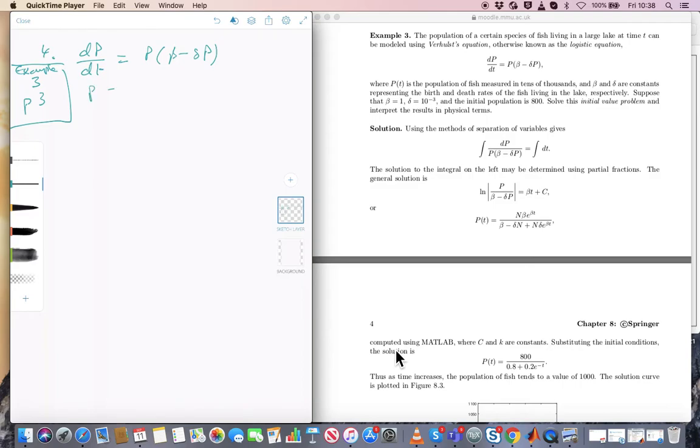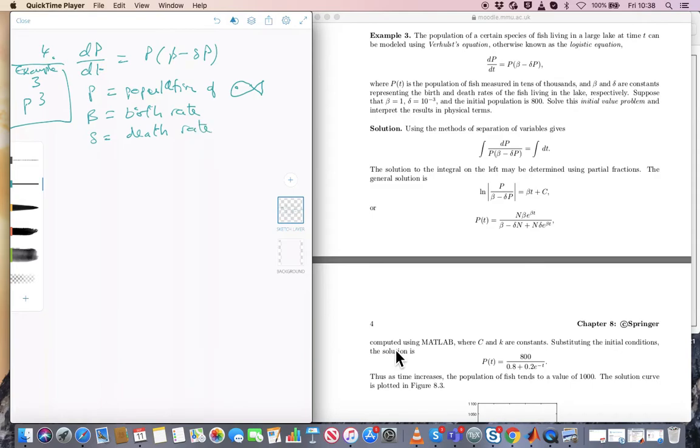So P is the population of fish. Let's draw a proper little fish. So this is the population of fish in a lake. Beta is related to the birth rate of fish, and delta is related to the death rate of the fish.